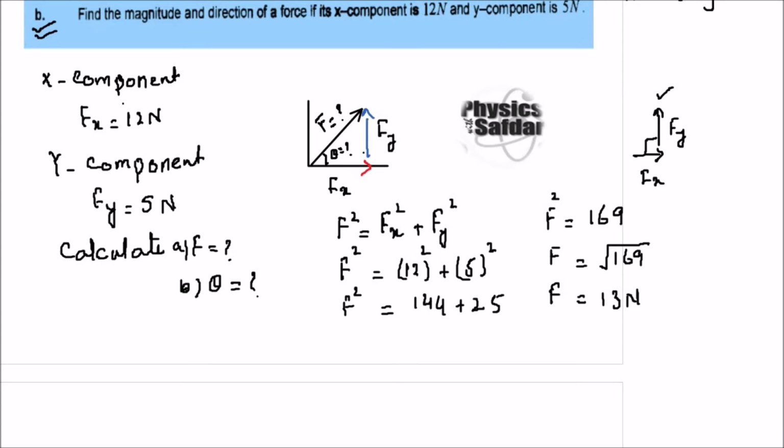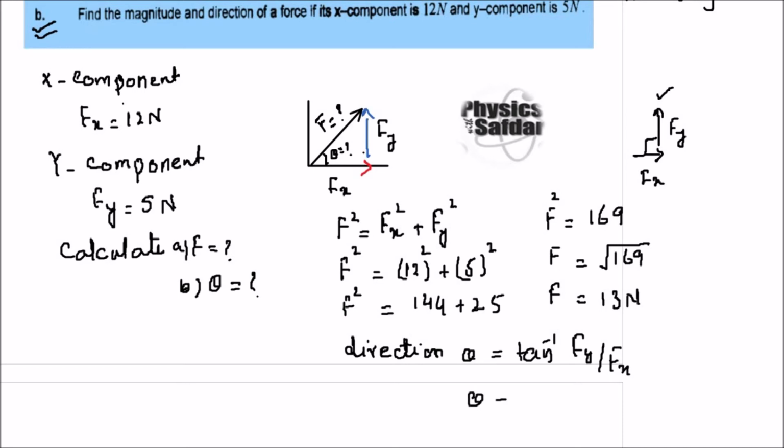The direction of the resultant vector you can calculate as: direction is equal to theta with the x-axis, tan inverse of the vertical component divided by the horizontal component.